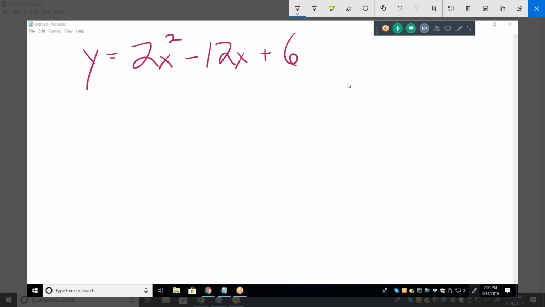What's the first thing you notice about this quadratic? It's in standard form. Okay, that's good. So, what are we inclined to do with this? Well, we could factor it.